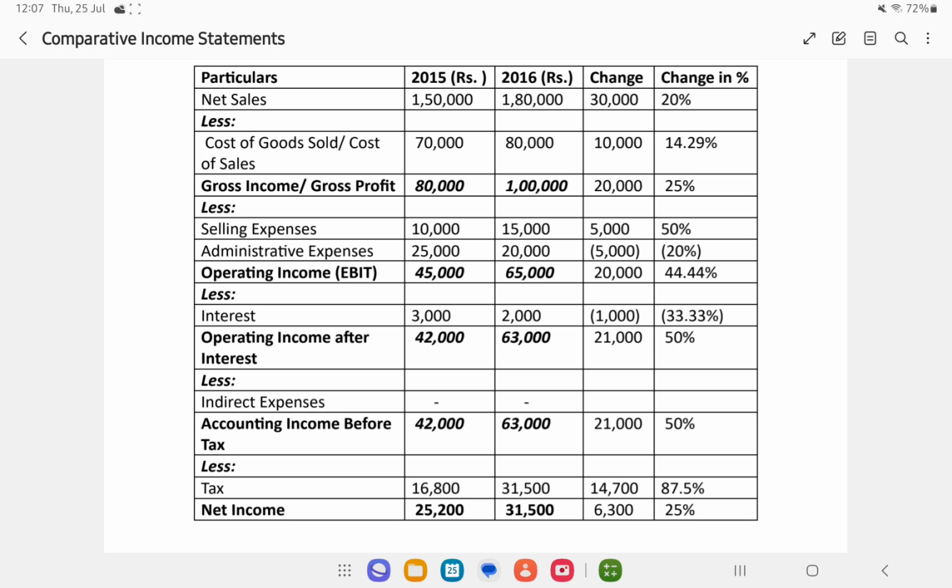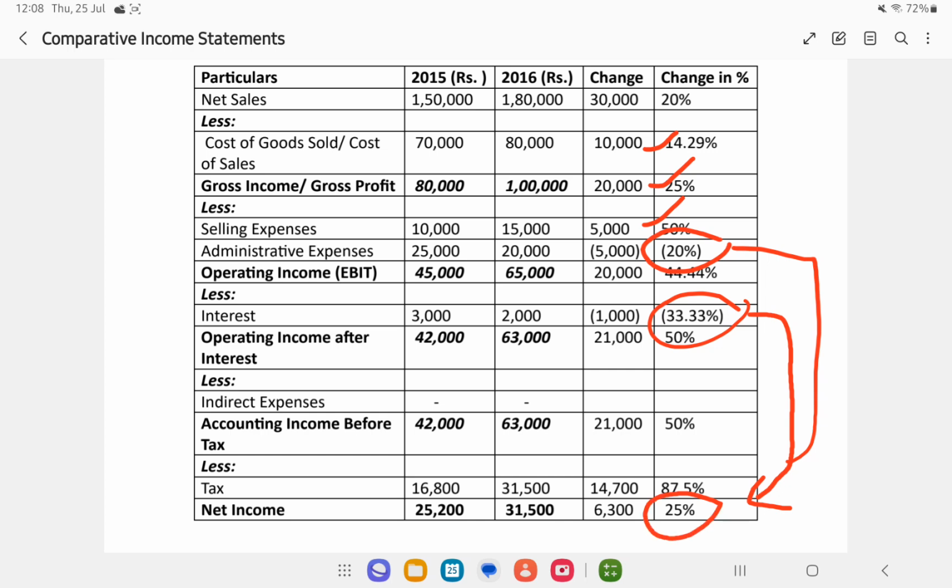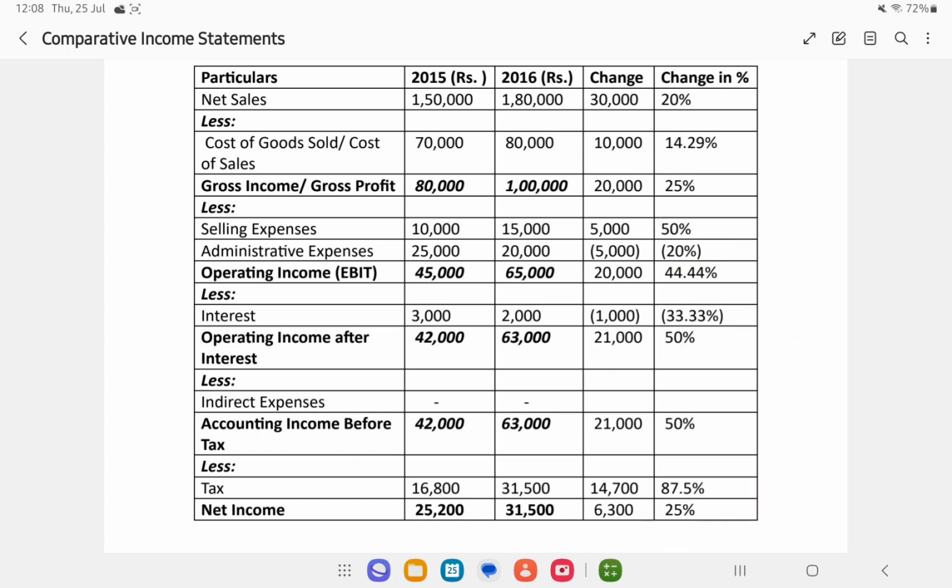See here, everything else increased except administrative expense and interest. So we can also conclude that if we keep increasing everything else but we reduce our administrative expense and interest expenses as per the current market situation, we can expect an increase of 25% in net income. Similarly, we have made a huge increase in the selling expense.